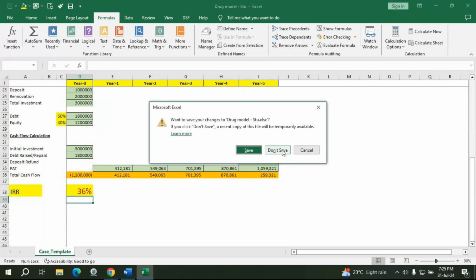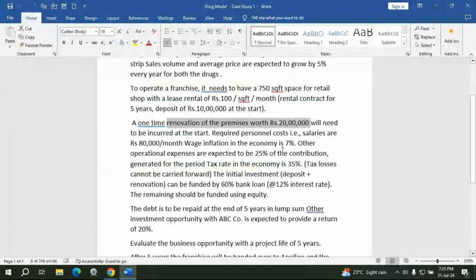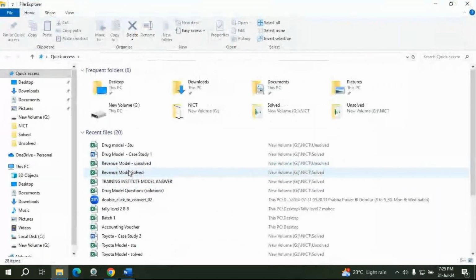Excuse me, ma'am. Ma'am, can you explain the concept of how we consider debt repaid and then deposit refund and initial investment? One second, just now I closed it. Sorry, ma'am. That's fine.